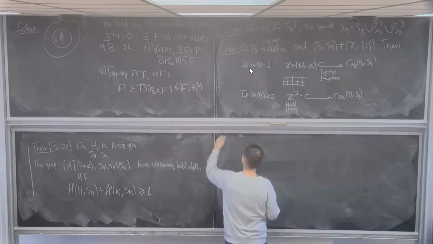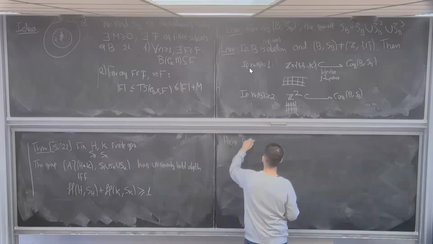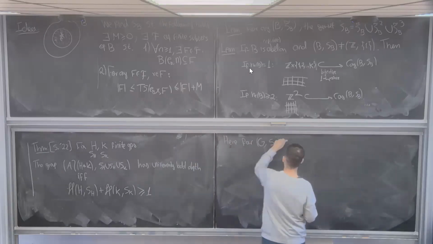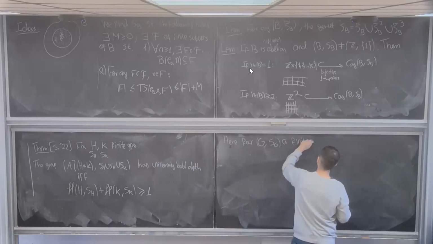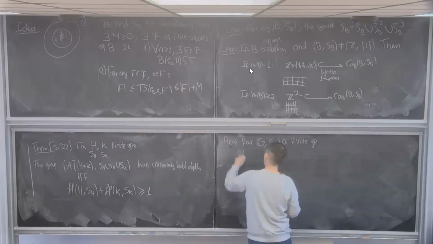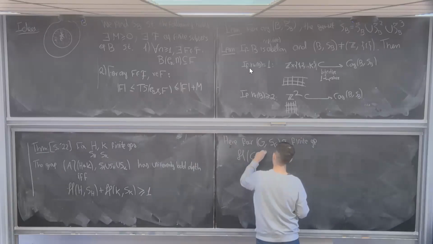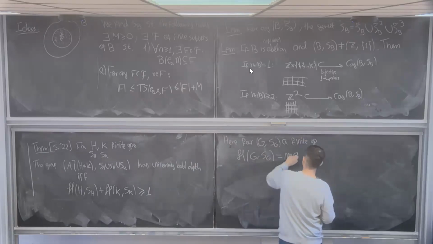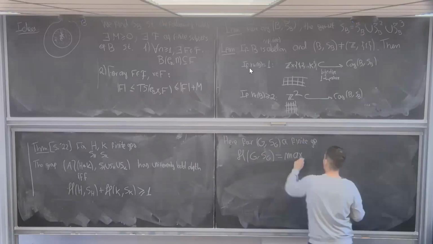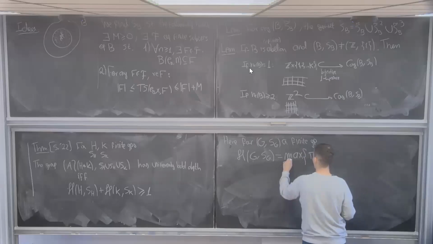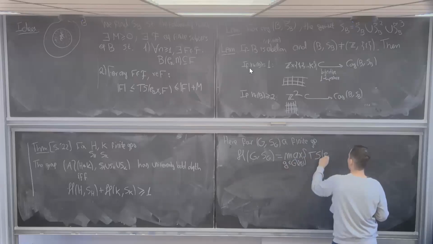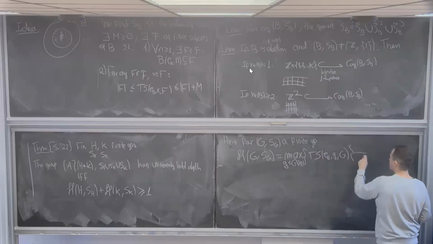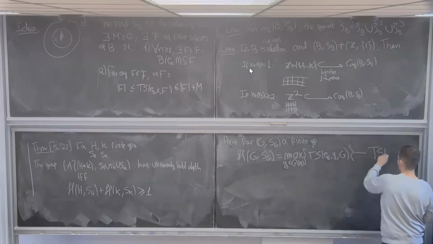So here, let's say G is a finite group. We have that h of G, S is equal to the largest solution you can get when you take g different from the identity, a solution starting at the identity and finishing at g, visiting all of the group, minus your cyclic solution.